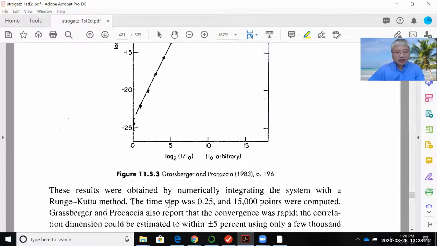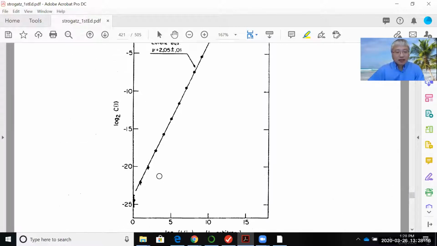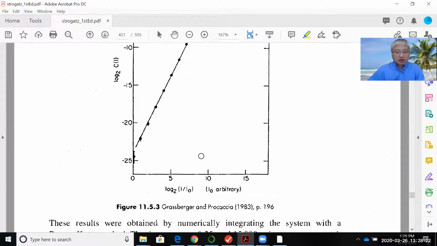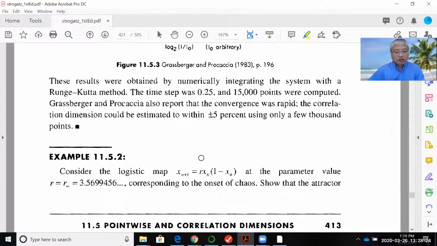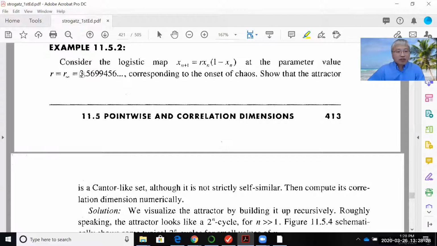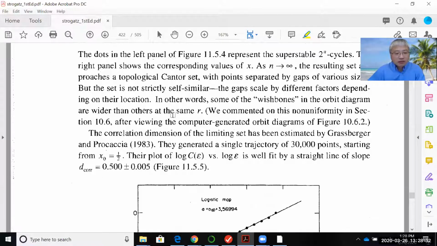So that is the correlation dimension of the Lorentz attractor. By the same token, we should be able to calculate the correlation dimension for the logistic map. At r infinity, at 3.569, for the logistic map, somebody measured the correlation dimension to be 0.5.